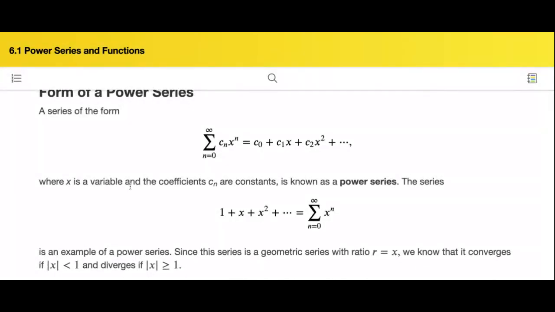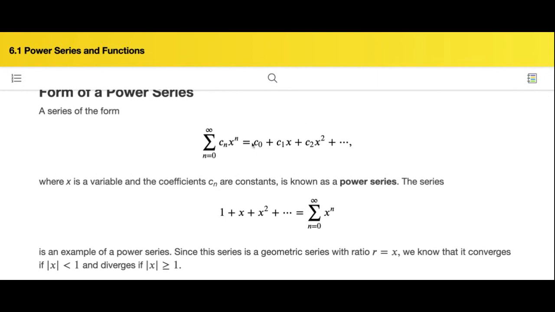So here x is a variable and all the coefficients c_n, like c0, c1, c2, are just some numbers. So we call this a power series. The series like 1 plus x plus x squared and so on and so forth can be written as the sum of x raised to n, and n goes from 0 to infinity. So this is called a power series.